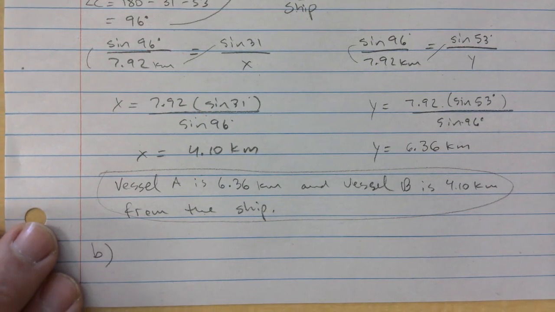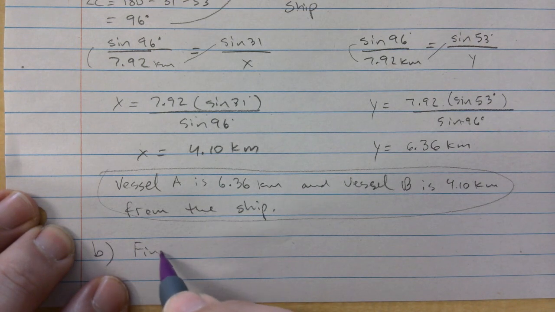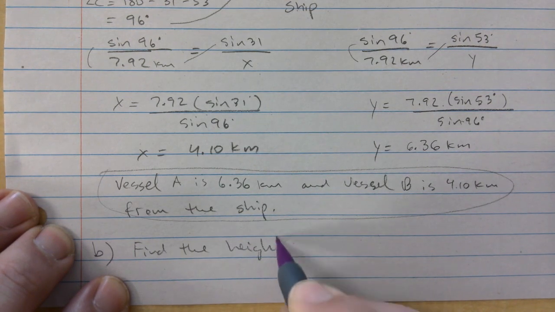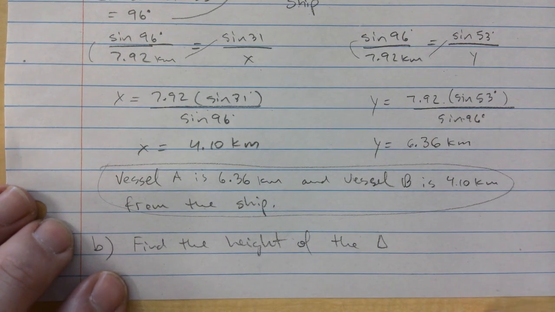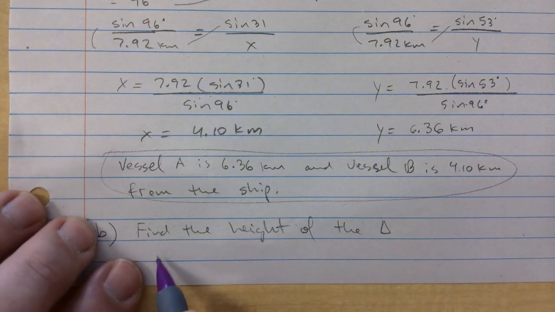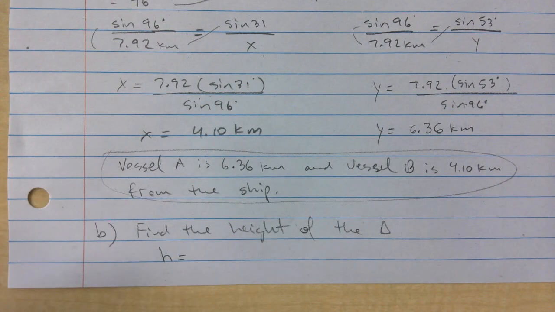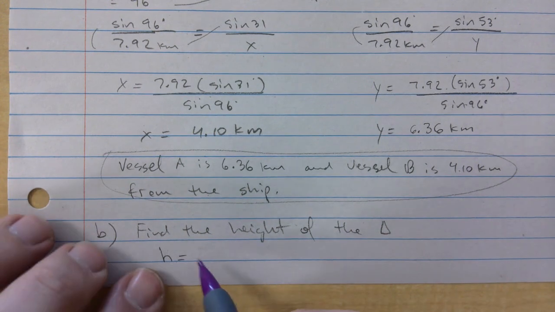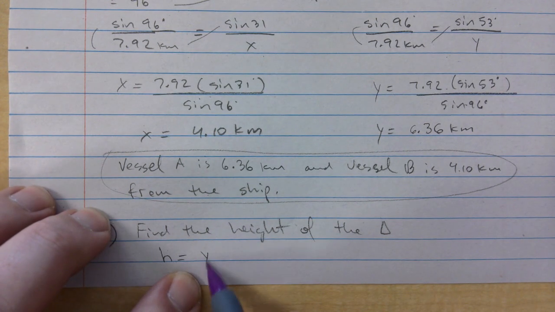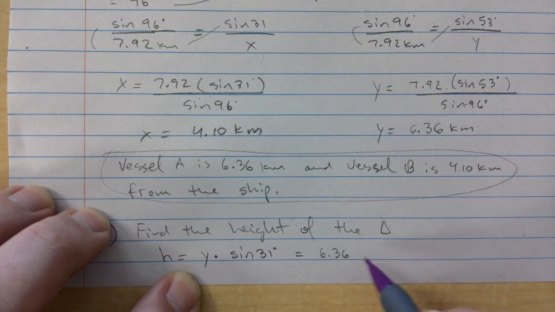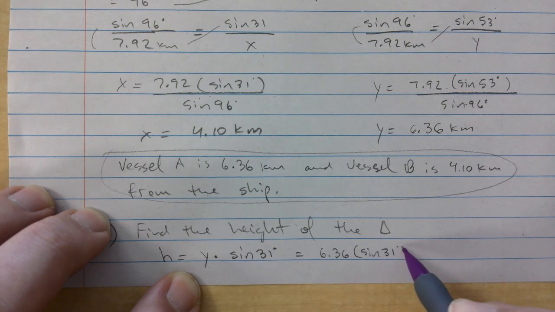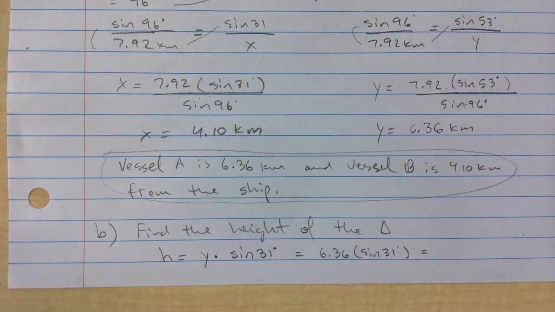Calculate the depth of the sunken ship. Find the height of the triangle. So the height, I'm going to go with the letters here. I'm going to go Y times sine of 31, which is equal to, I just found Y is 6.36, times sine of 31, because the height of it will tell you the depth.